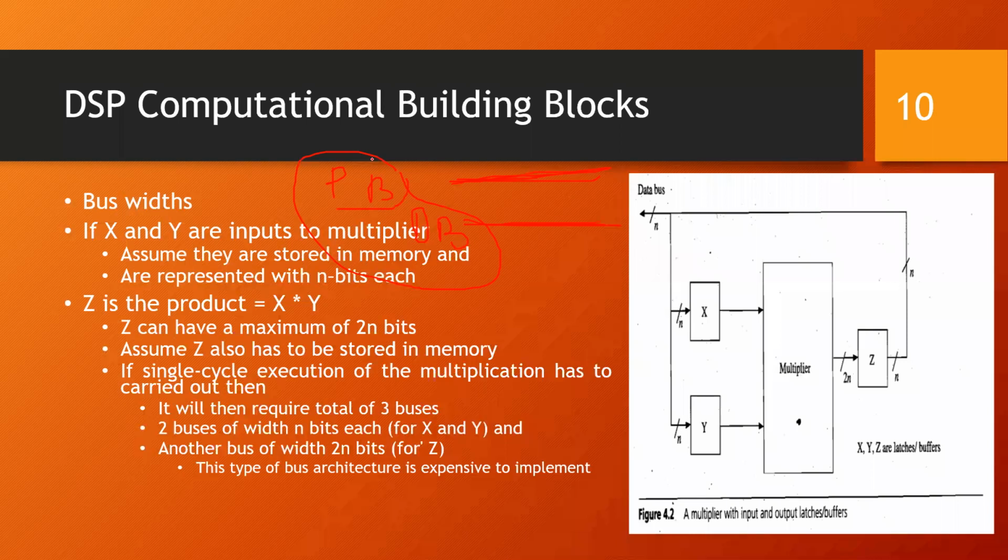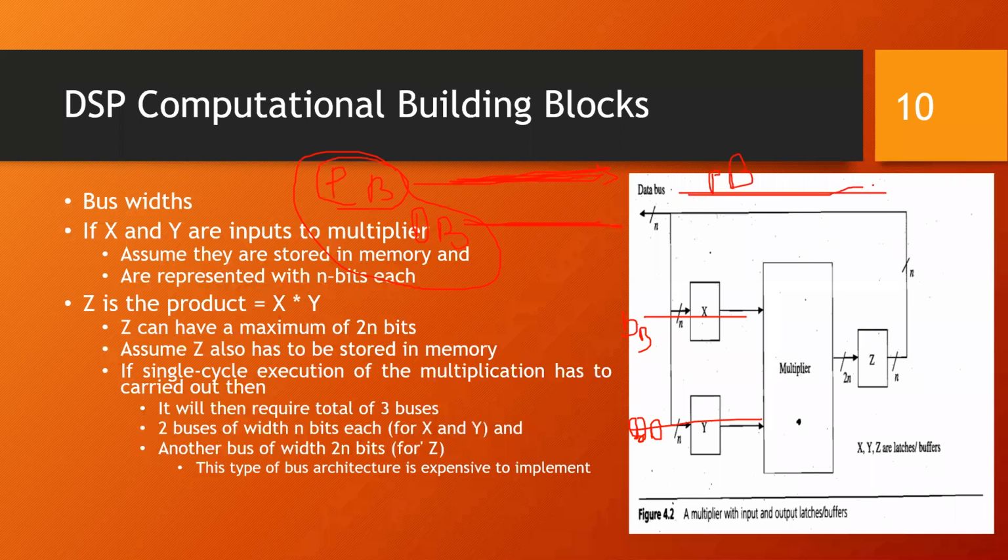Now the program bus fetches the instruction and sees what is the next thing I have to do. Based on the instruction, if data has to be fetched, then the data bus will be activated and will fetch the data. Here, one thing we can observe is that we can have two separate buses for X and Y. These are the data buses for X and Y, and this is one extra program bus which is present.